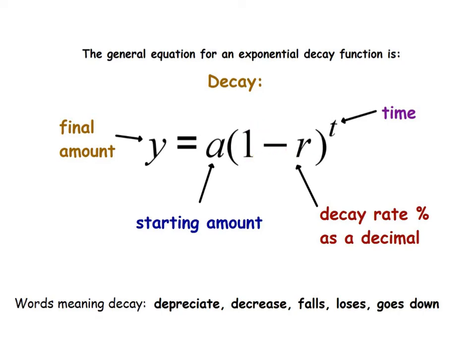So if I lose 20%, 100% minus 20% leaves me 80%. So in that case, we are subtracting 1 minus r. Everything else is the same. Words that mean decay: depreciate, decrease, it falls, it loses, it goes down. All mean that we're going to use decay.